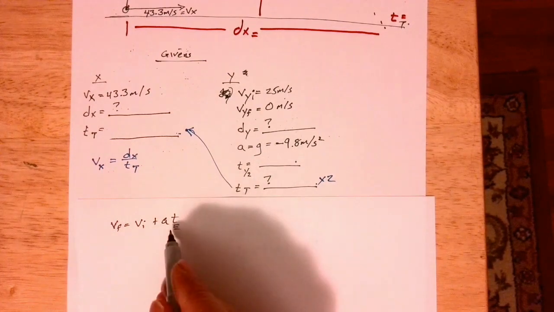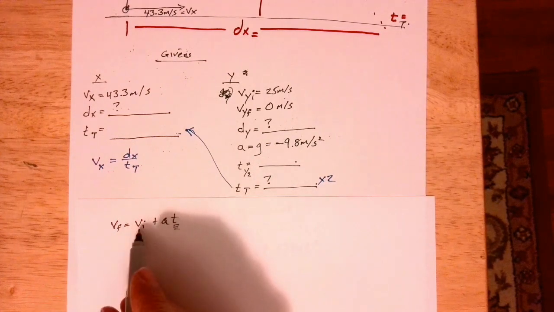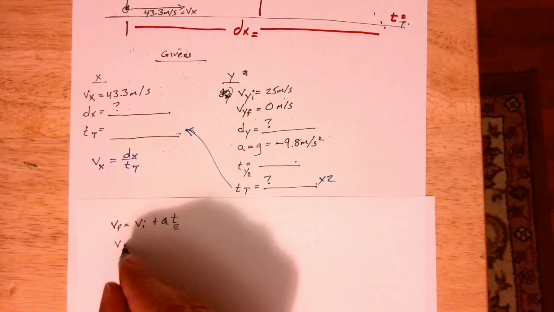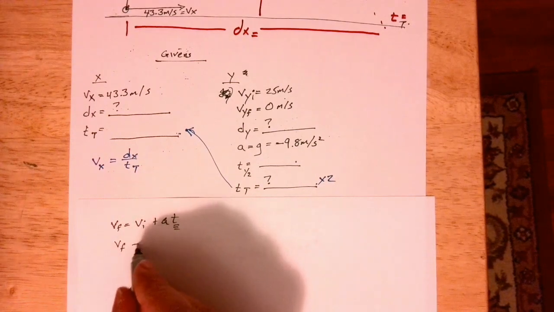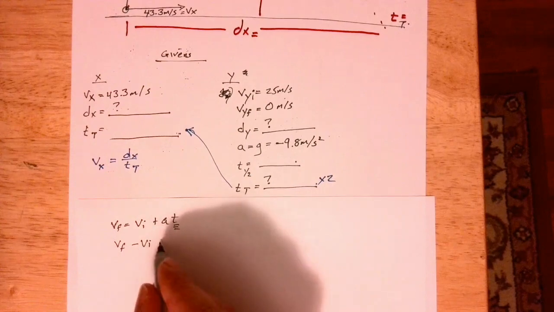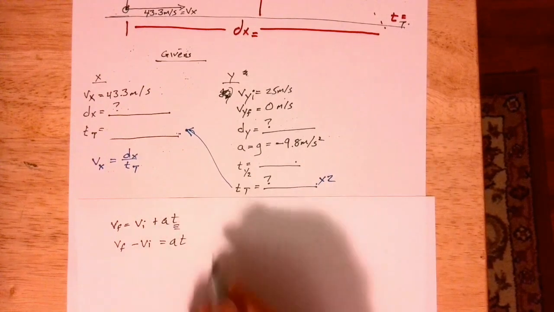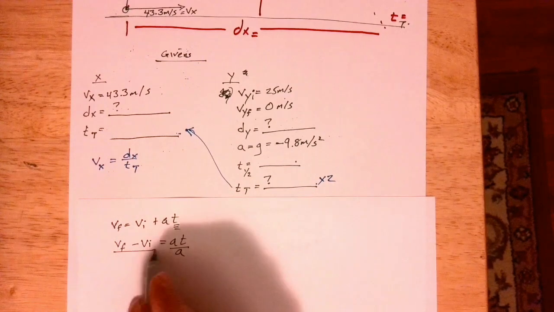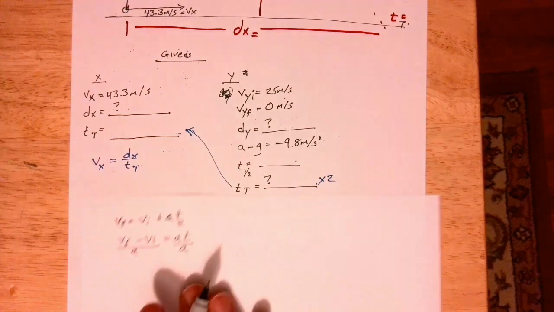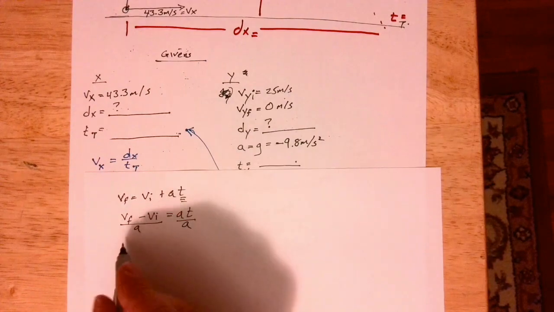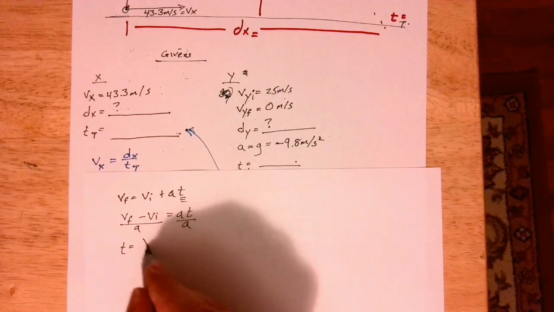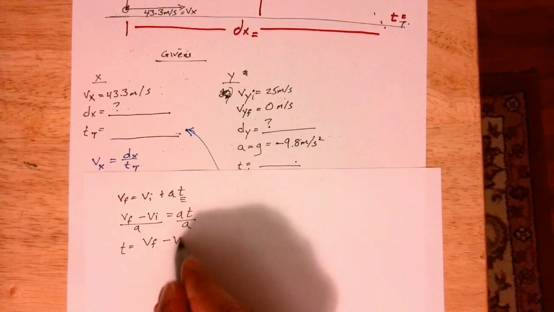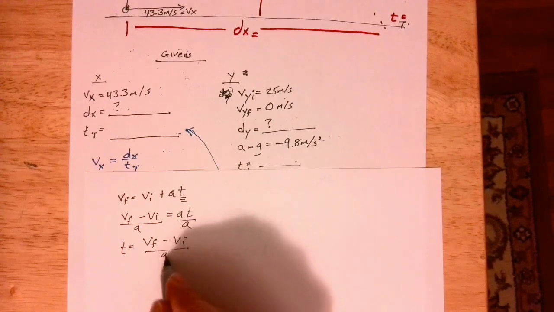If I rearrange it, I need to subtract VI, so I end up with VF minus VI is equal to AT. Then I need to divide out the acceleration, and I come up with the formula T is equal to VF minus VI all over A.